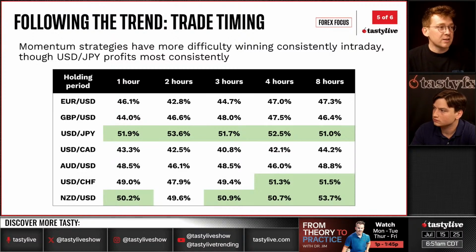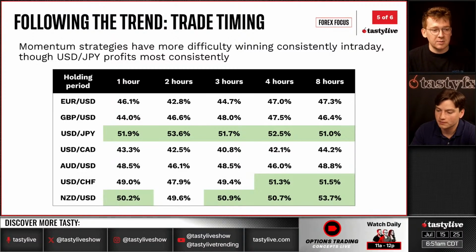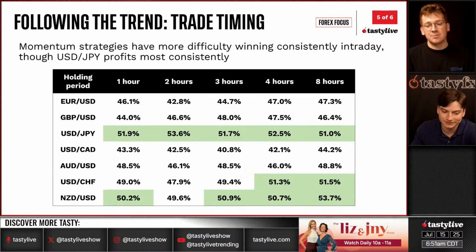You can run the same numbers and it'll be a pretty short and straightforward study. It's going to be less than 1% of friction when you're talking about these major pairs, not paying a commission, paying the spread, and getting that trade on and off within an hour, not paying any kind of long-term margin. Although, of course, you can have the carry trade in your favor, so you can be getting paid.